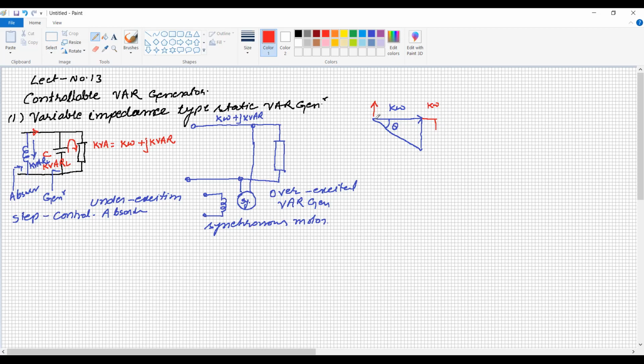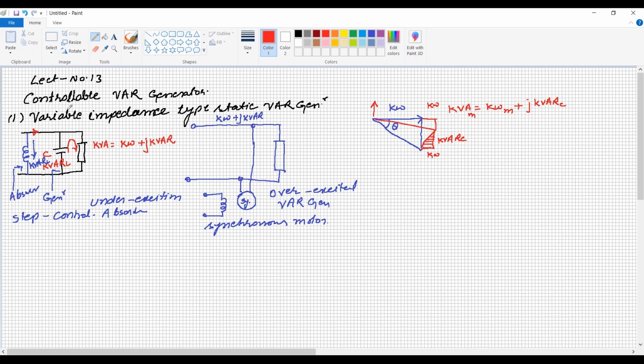As per this, it is going to improve the power factor of the load, but at the same time it has some capacity, the capacity of the synchronous motor. So it is a leading kVAr supplied by the motor. It is the active power of the motor. Therefore, the kVA capacity of the motor is equal to the kilowatt of the motor, kW_M plus j kVAr_C, the reactive inductive power supplied by the motor.